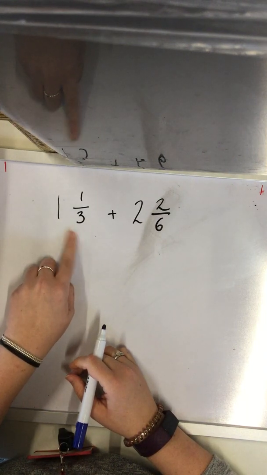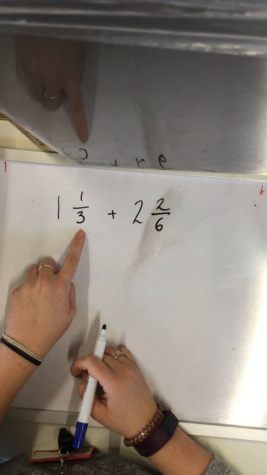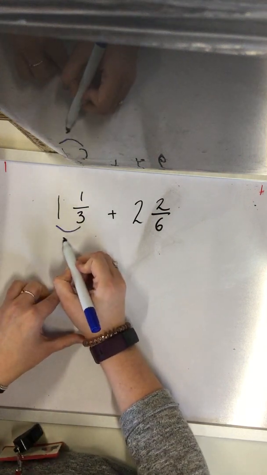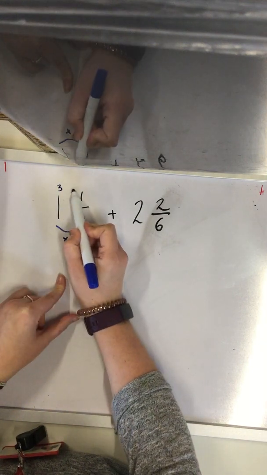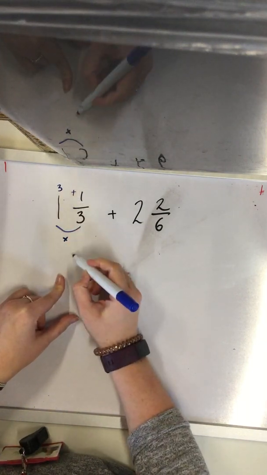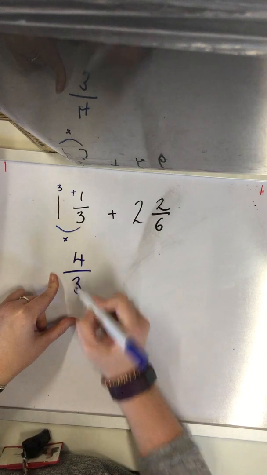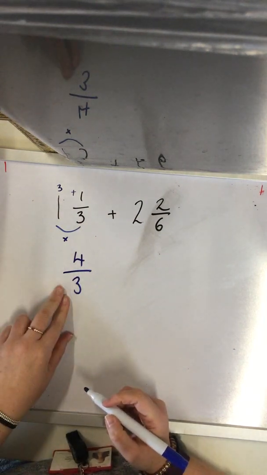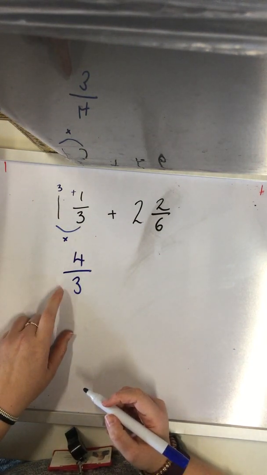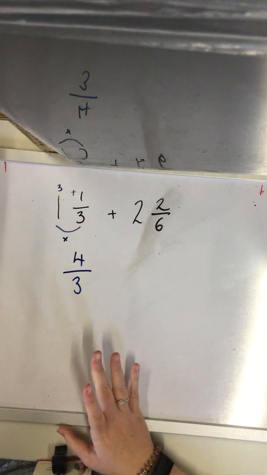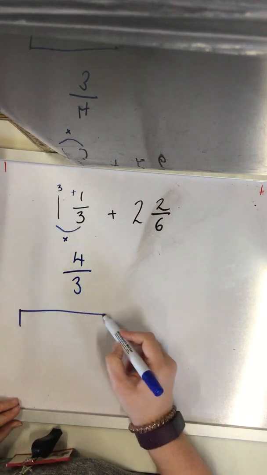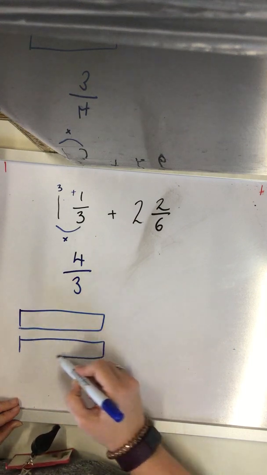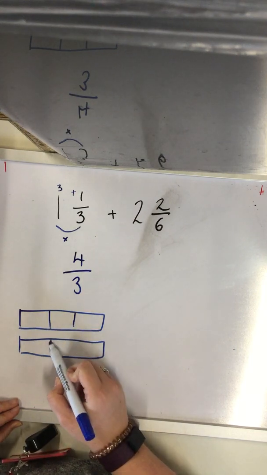So, this one over here, I'm going to ask myself, what is 3 times 1? That is 3. I then add my 1, and I end up with 4. And I keep my denominator the same, 4 over 3. And again, just like we were doing last week, an opportunity for a diagram. So I'm going to draw these two out, split them into thirds.